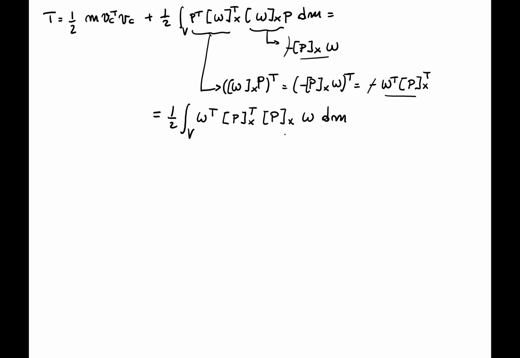We see that omega doesn't depend on the integration position. We can take it out, it is equal for all the points of the rigid body, and we remain with this expression, which becomes less ugly.